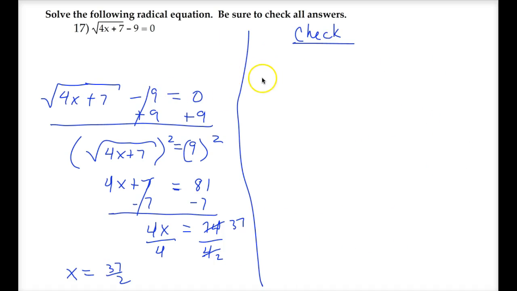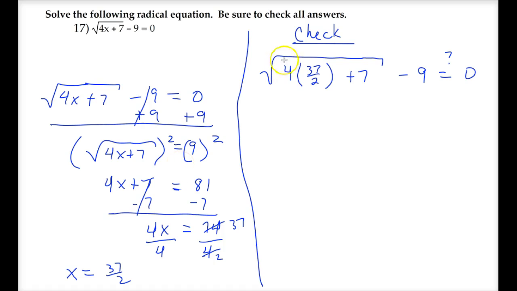All right, so in checking our answer here, we're going to say square root of 4 times 37 divided by 2 plus 7, all that minus 9 equals 0, and we want to check to see if the left side is going to equal the right side.